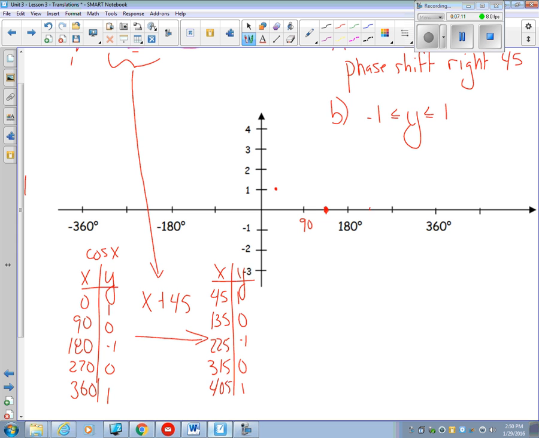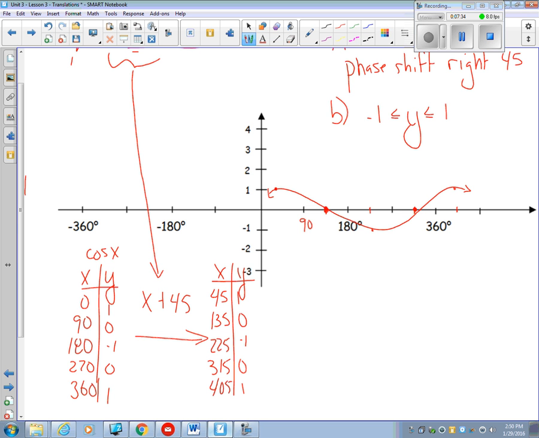Then halfway into the next block would be negative 1. Halfway into the next block would be back to 0. And halfway into the next block would be 405. That's a 1. So my cos curve is still exactly the same shape. It's not longer, taller, wider, anything like that. It's just been moved over. Okay, there's a cos curve.